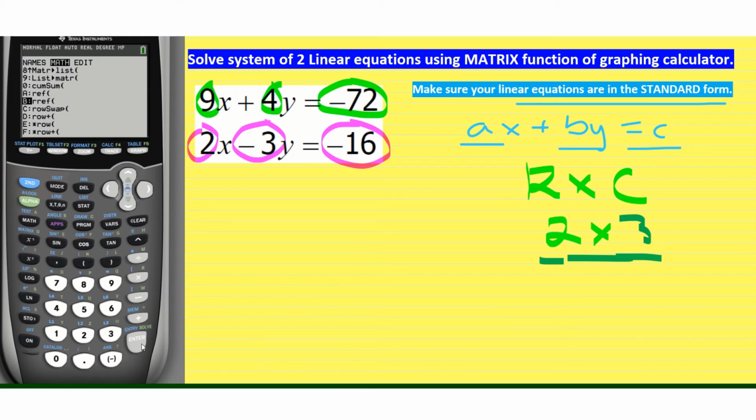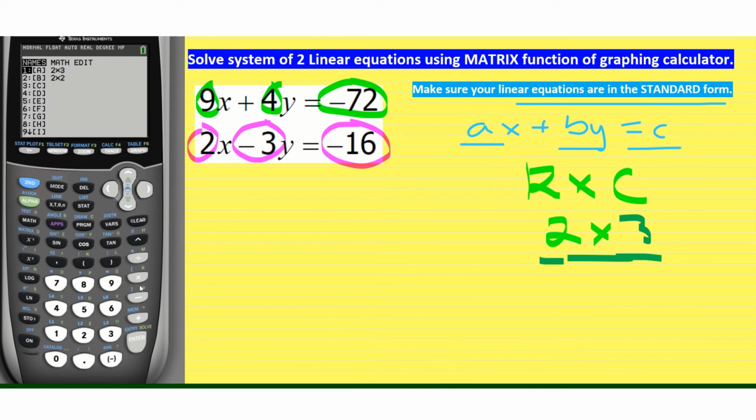So I'm going to choose that by pushing enter. Now it's waiting on me to tell it which matrix I want it to look at for data. So I'm going to go back into blue second button, blue matrix again. I'm going to tell it, yes, that top number 1, matrix A, 2 by 3, that I just entered my data in is the one that I want it to calculate with.